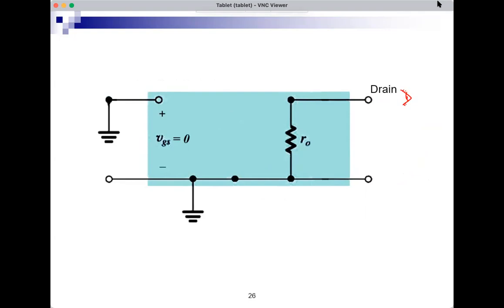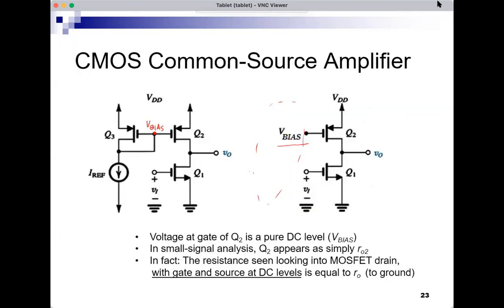What does the ohm meter measure? Small RO. What does the test source V test over I test equal? Small RO. So that's our first rule. Let's go back to the rule text. The resistance seen looking into a MOSFET drain with gate and source at DC levels is equal to small RO.